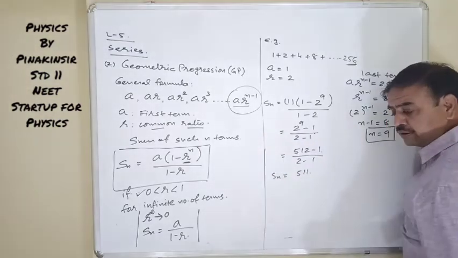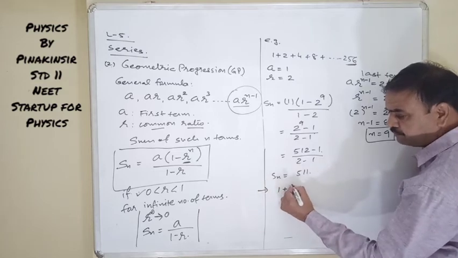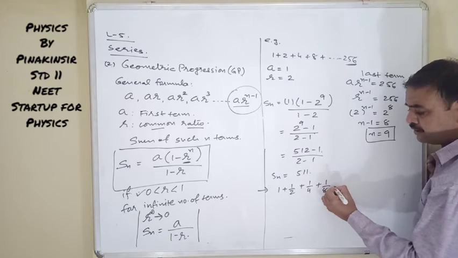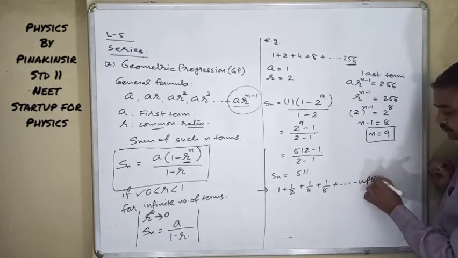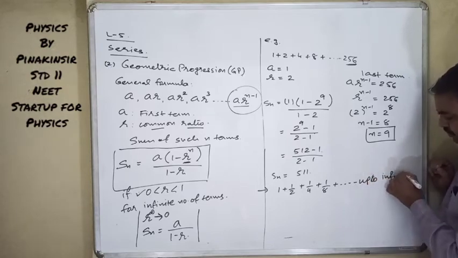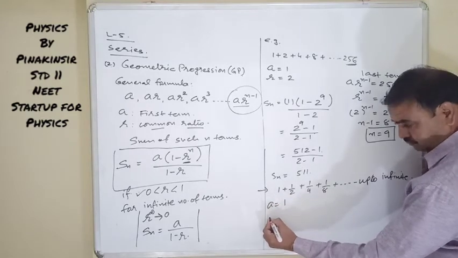Okay, if you are given a sequence like this, 1 plus half plus 1 by 4 plus 1 by 8 plus so on up to infinity, that is, a large number of terms are there. Here a is equal to 1.